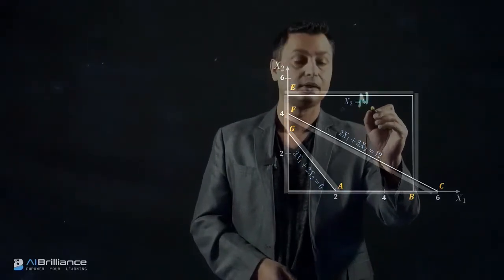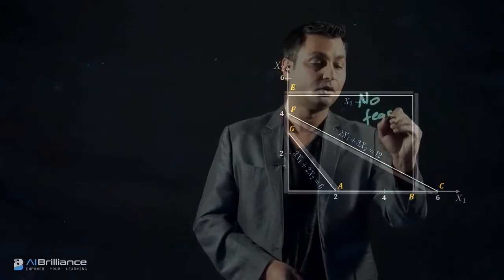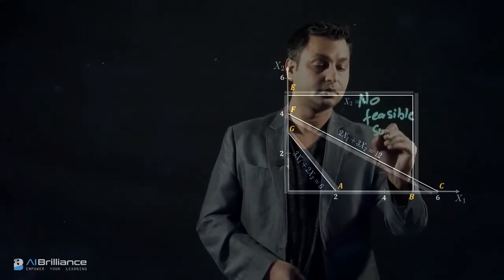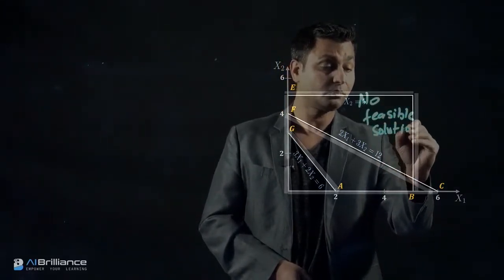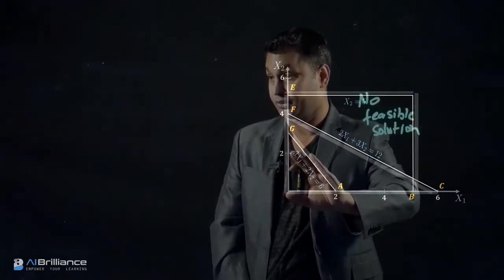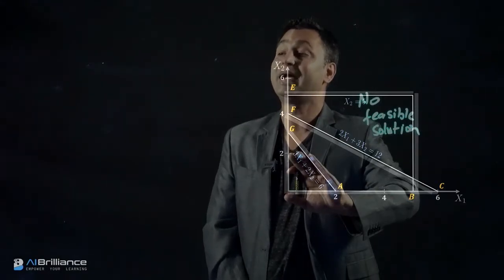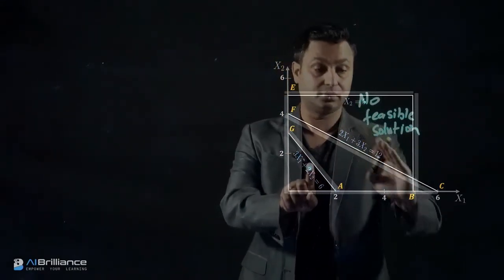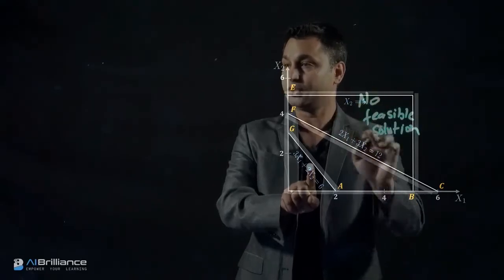So this represents a scenario where you have no feasible solution because both these constraints are conflicting with each other. If you did not have one of the constraints, let's say G1, then in that setting you at least have this region which is feasible.